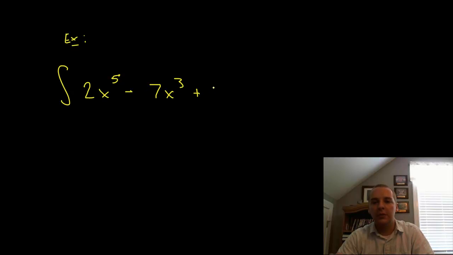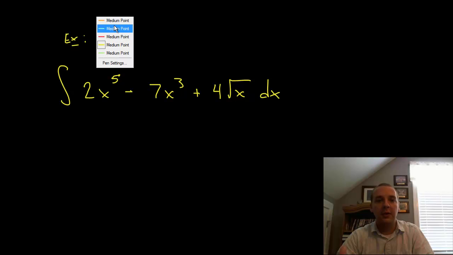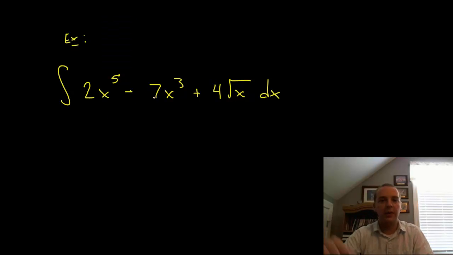Let's say we had the integral of 2x to the 5th minus 7x cubed plus 4 times the square root of x, or something like that. Well then, by the sum and difference rule, we know that we can break this up into 3 separate integrals.